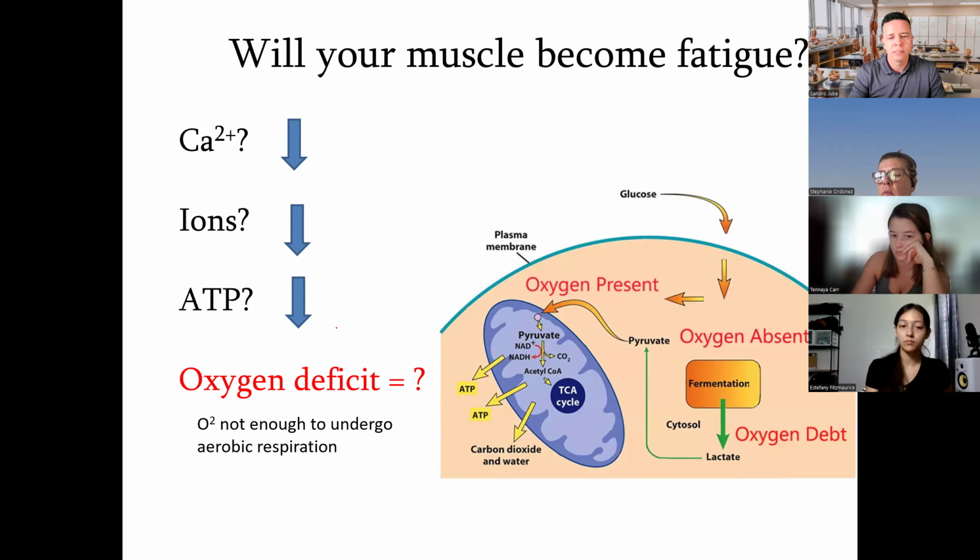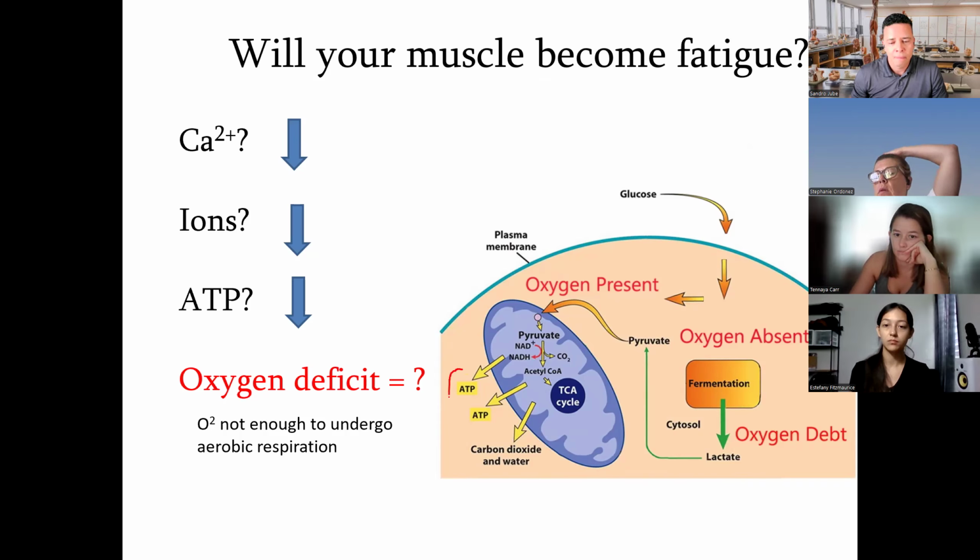Glycolysis only works under aerobic conditions. Because if you don't have enough oxygen gas, if you are oxygen deficient, now we can only get ATP by sending the glucose through fermentation, which will give a couple of ATPs. Now, not enough to sustain the activity.